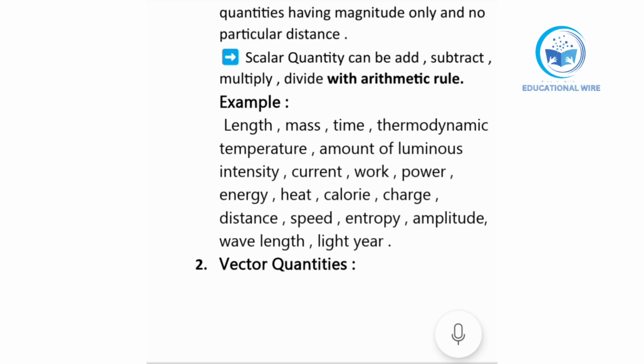Vector quantity is the opposite of scalar quantity.